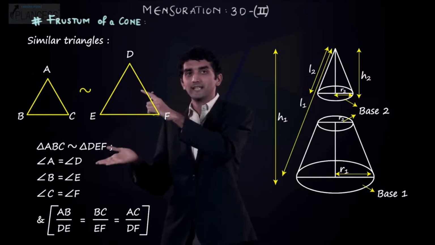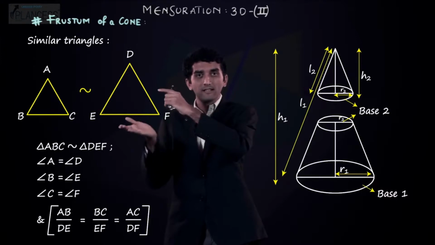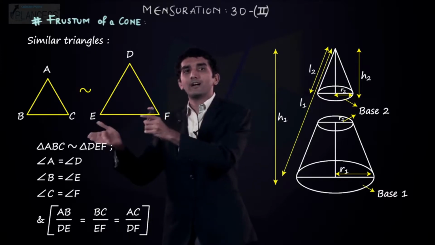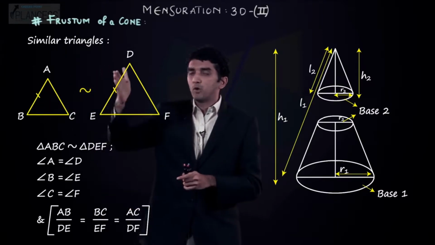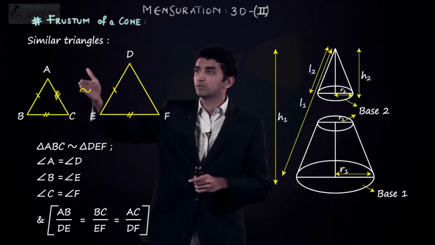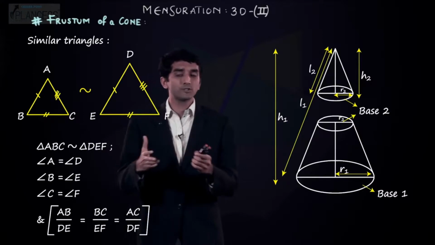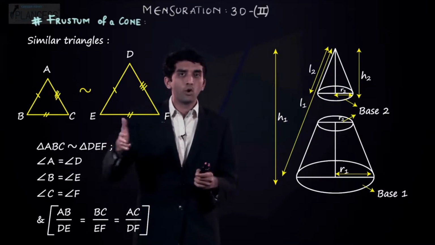So basically this side upon the corresponding side of the other triangle, that ratio has the same ratio as the other side maintains. So basically this upon this is equal to this upon this is equal to this upon this. That is what is happening. The corresponding sides of these two triangles maintain a ratio which is equal for all the three pairs.